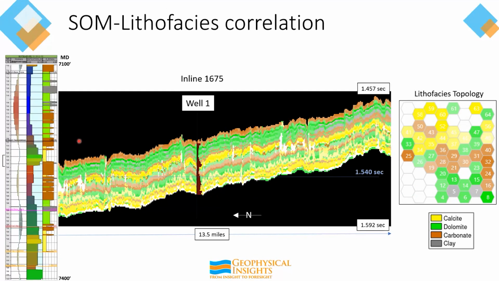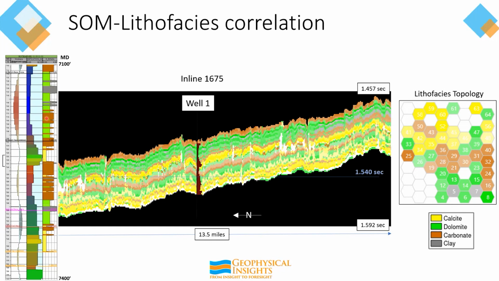What I see here is that this log is these neurons from the log. You can see here we have carbonate in here. We have here two stringers of shale. Right here is one, right here is the other one, embedded in dolomite. Right here is the dolomite.